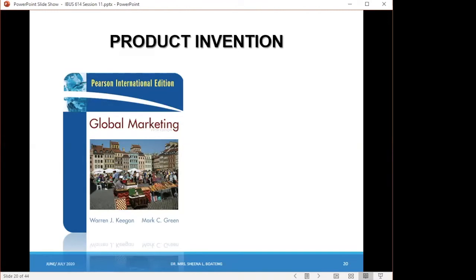So the introduction of international editions of the various popular textbooks that we use is a typical example of product invention. It didn't used to be like that before. But they realized that they had to invent something to satisfy the educational needs specifically of students in foreign countries that were not necessarily privy to the idiosyncrasies in the market for which the original text was developed.